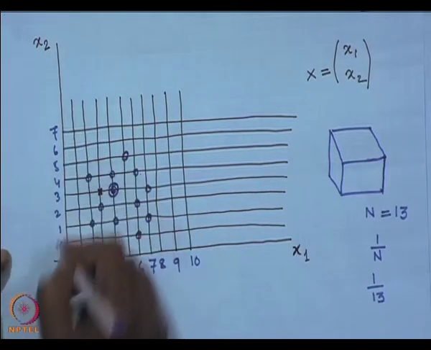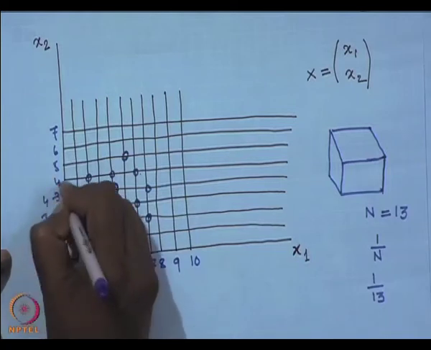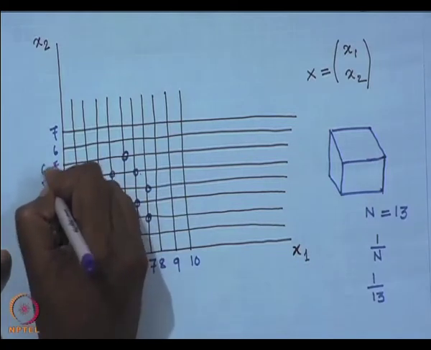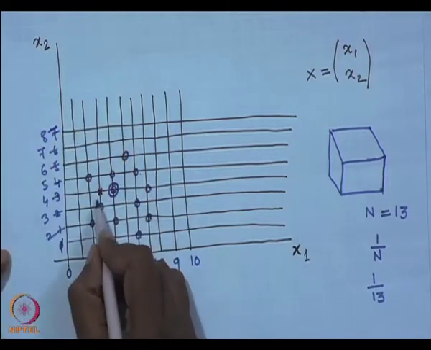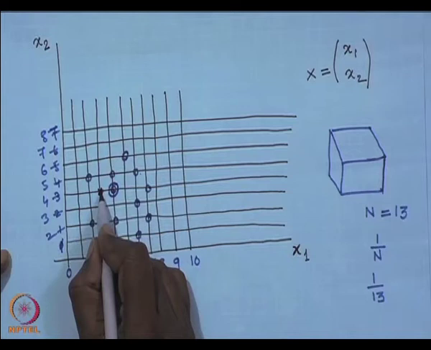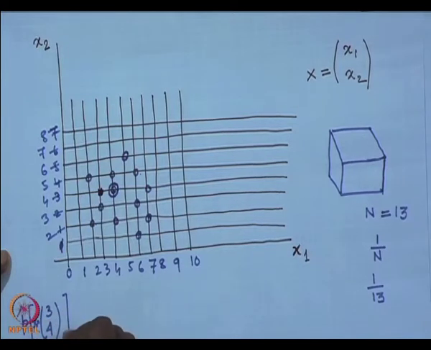This has to be 1, this has to be 2, 3, 4, 5, 6, 7, and 8. So, this location, this feature vector, is 3, 4. So, I have to find out the probability density at x equal to 3, 4.